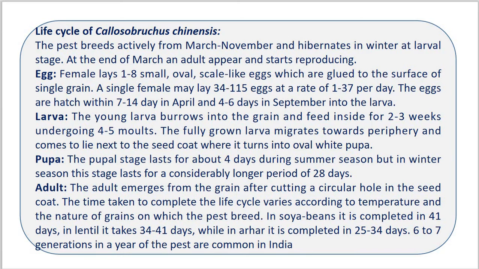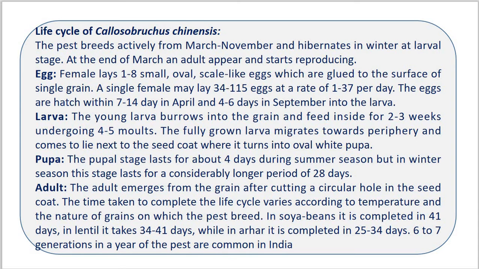Now the next stage is the larva. The young larva burrows into the grain and feeds inside, undergoing about 4 to 5 molts. The developmental stages of the larva show 4 to 5 larval instars.